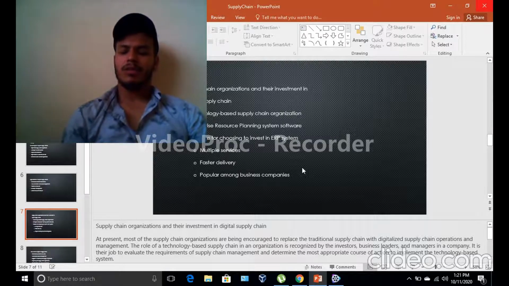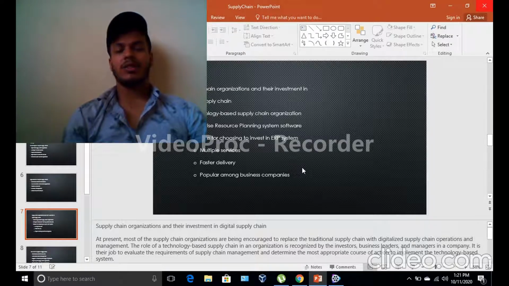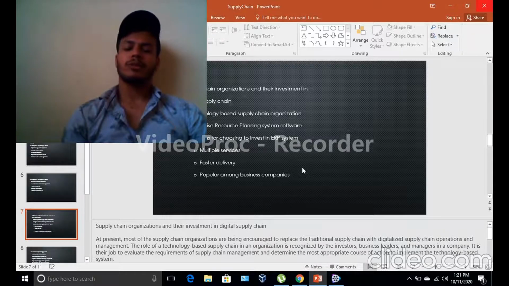The main role or responsibility is always recognized by the investors, shareholders, business leaders, and managers in their companies. It is their job to evaluate the requirements of supply chain management and determine the most appropriate course of action to implement the technology-based system.